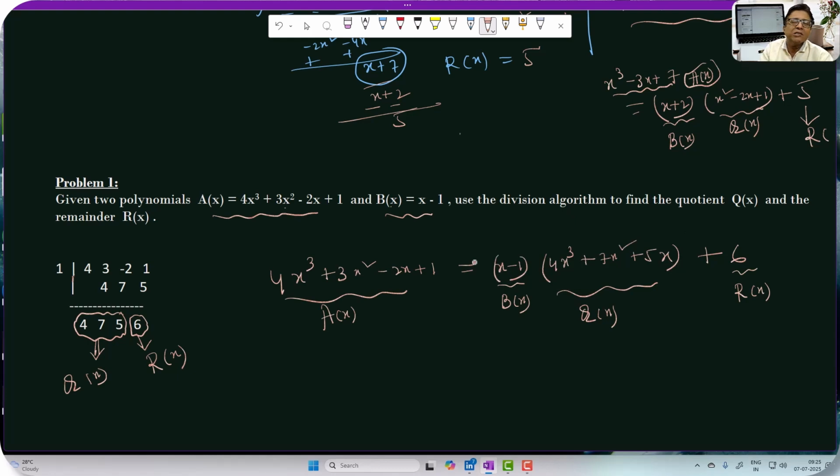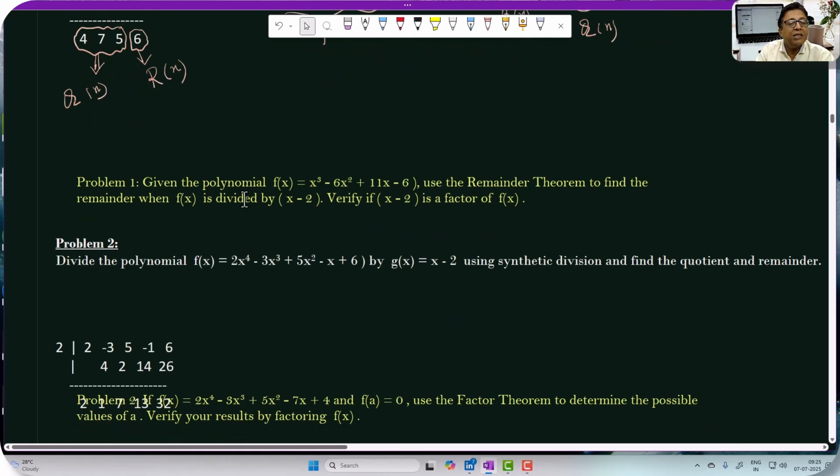You might have questioned, what will happen if you do it with a higher degree polynomial, quadratic one, then what is going to happen? Wait, I will explain everything one by one. You first master this topic that is called synthetic division.